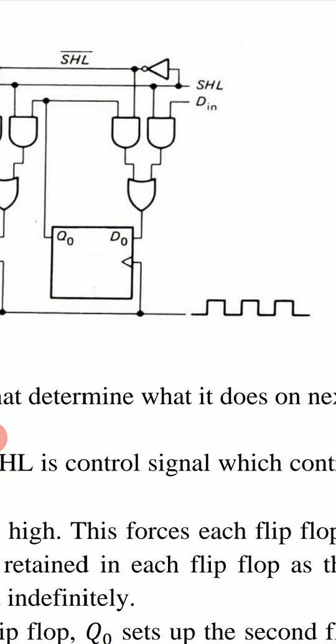When SHL goes to high, then the right AND gate will be enabled and it will transmit this D in to D0. Now D0 becomes D in and at the next positive clock edge Q0 will become D in.